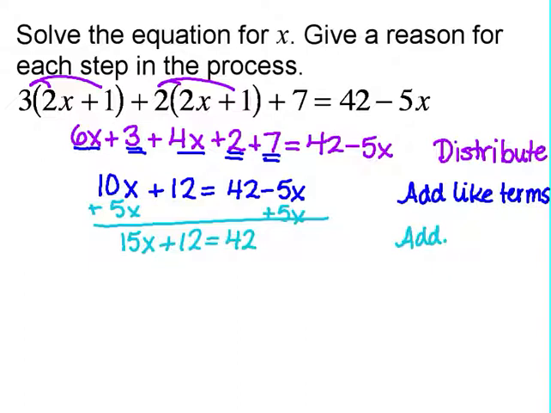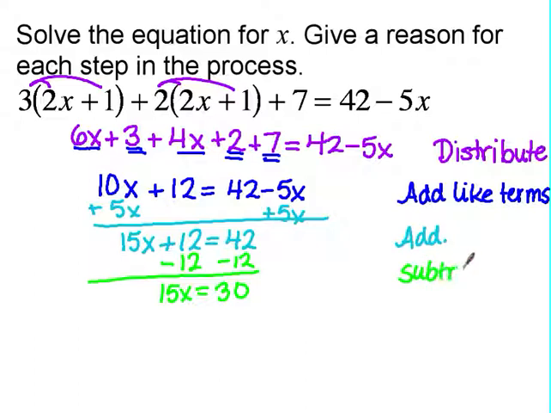What do you do now? Subtract 12. So I get 15x equals 30. So this is subtract. What do you know what? Probably should put subtraction. That would be a little bit better.